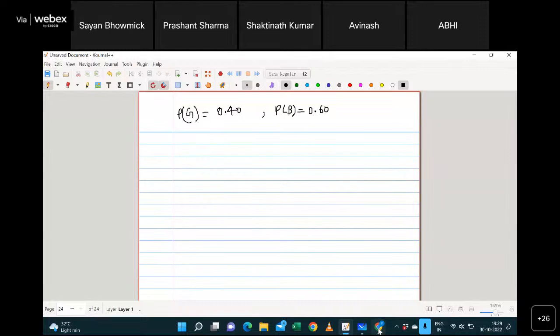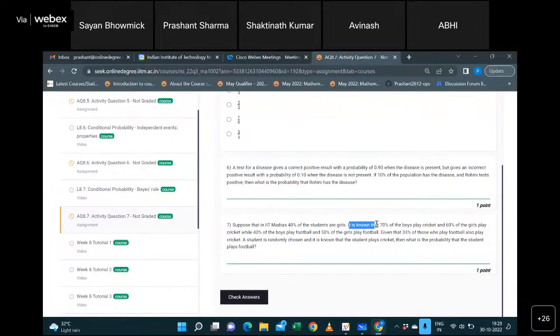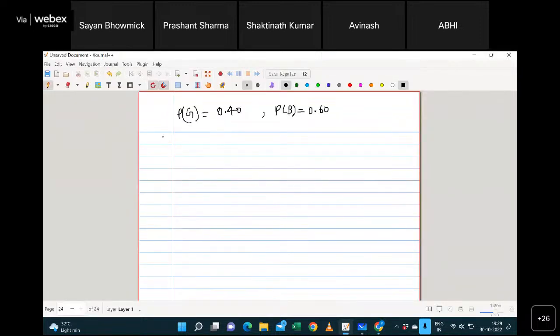Now it is known that 70% of the boys play cricket, and 60% of girls play cricket. That means the probability of cricket given boys is 70%, can I say? Yes sir.